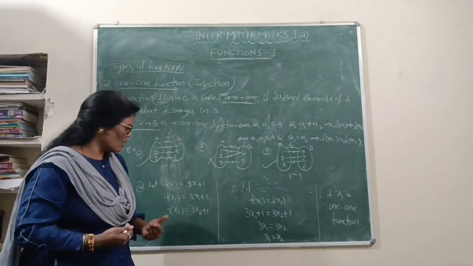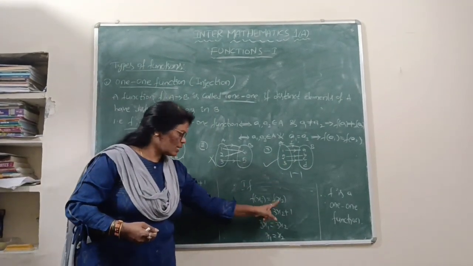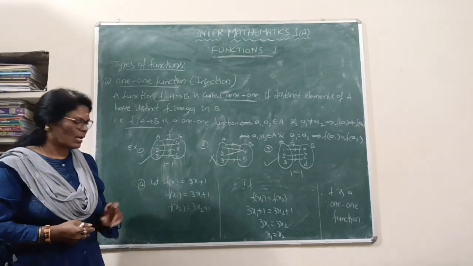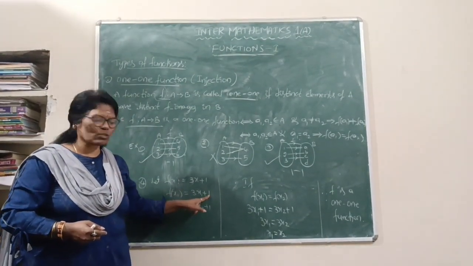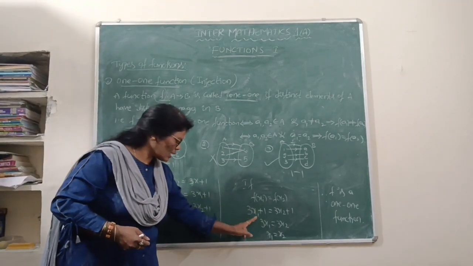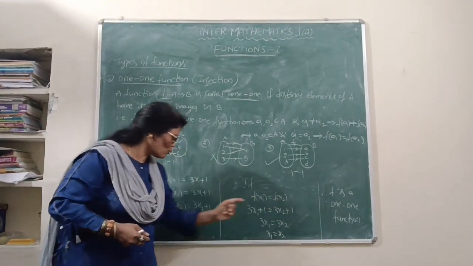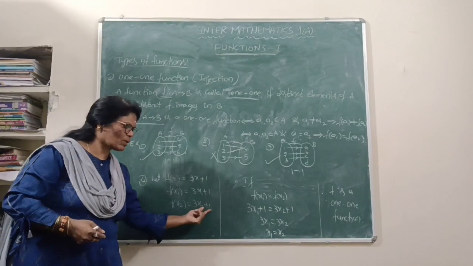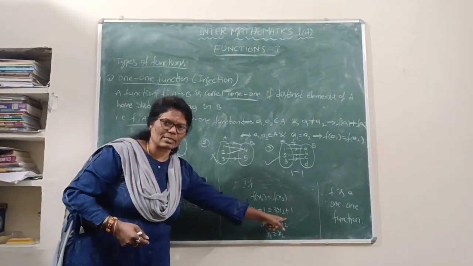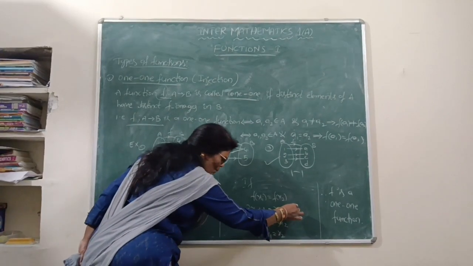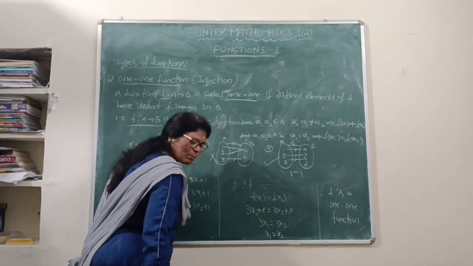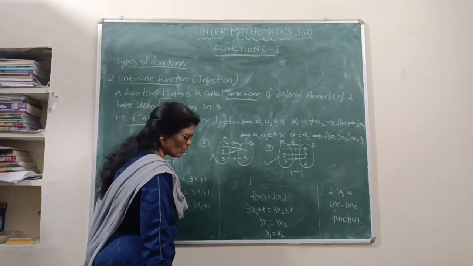F of x1 is equal to f of x2 I am taking. What is f of x1? 3x1 plus 1. And write this equal to f of x2, which is 3x2 plus 1, on the right hand side. On both sides there is plus 1, so both ones are cancelled.